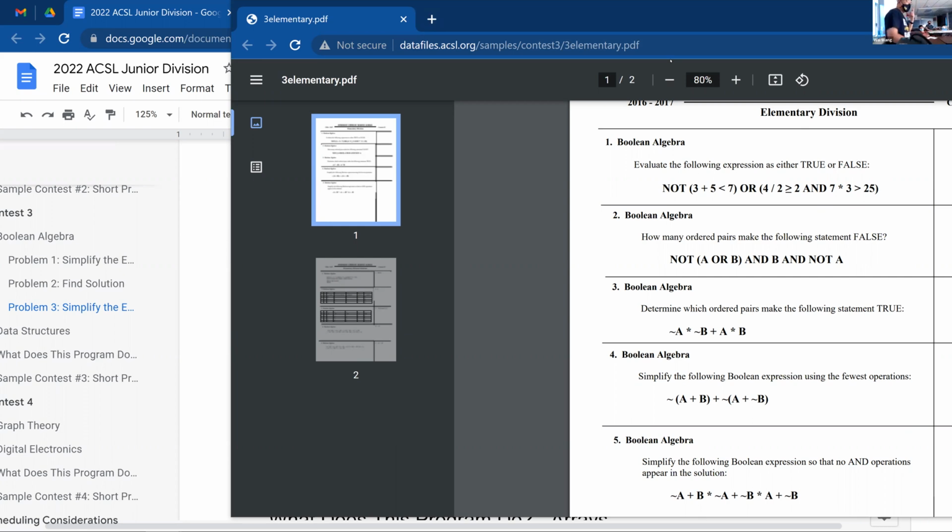So let's say A is 1, B is 1. This whole thing is false, so that makes it false. And what about all those pairs? A and not B, B and not A. So you have to resolve that. Let me get those laws up here.